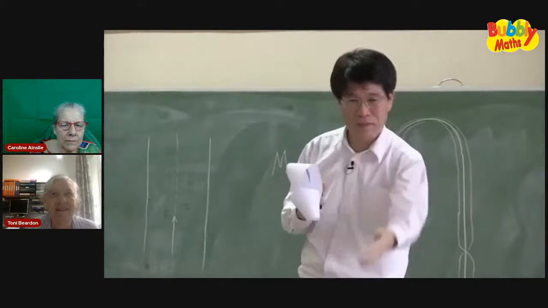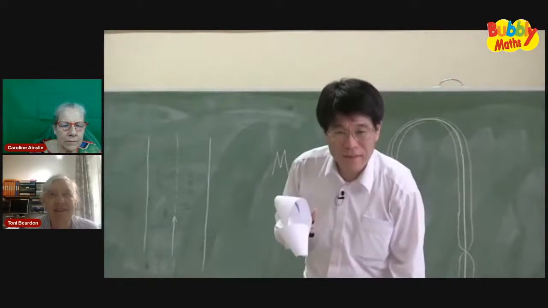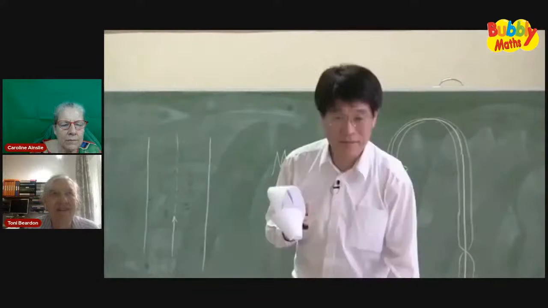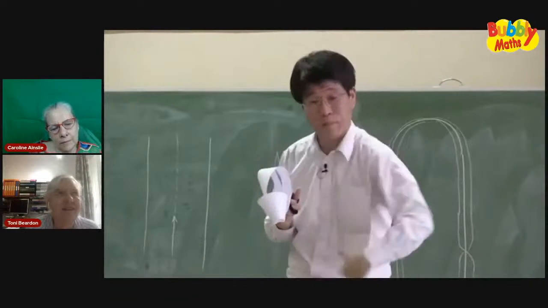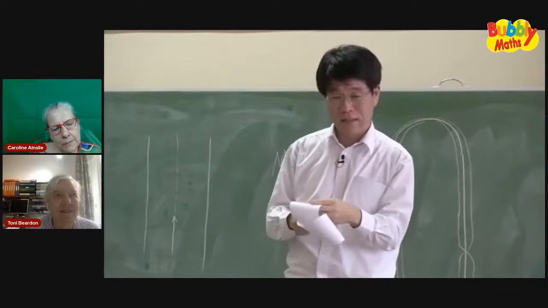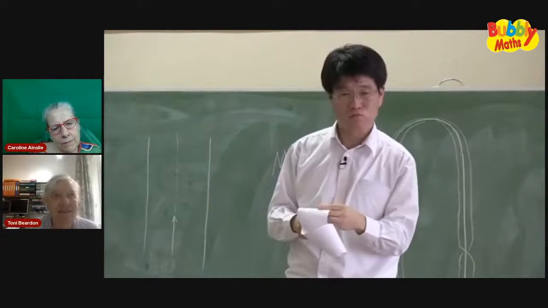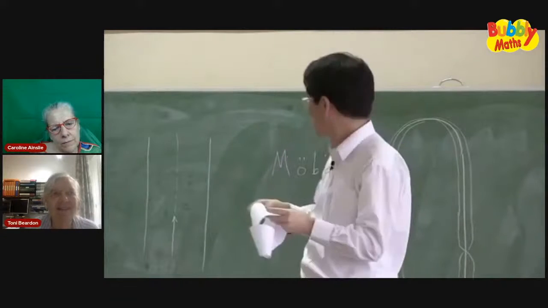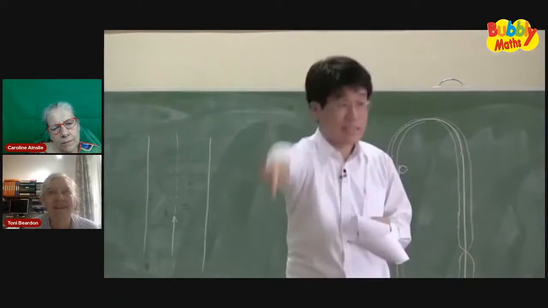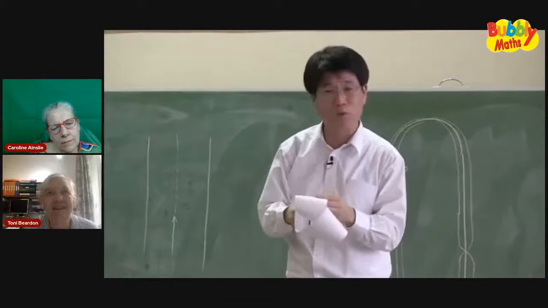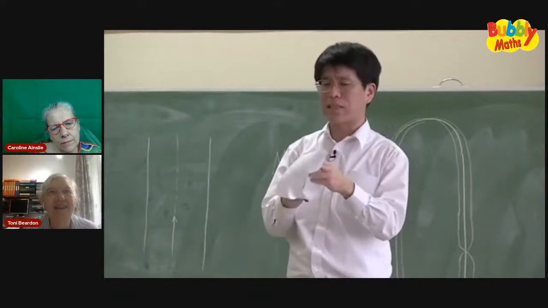What happens? What's your name? Xavier. So what happens if you take a Mobius strip and cut it along the center line? Yeah, that's a single strip with how many twists? 4 twists. Yes, we understand this.